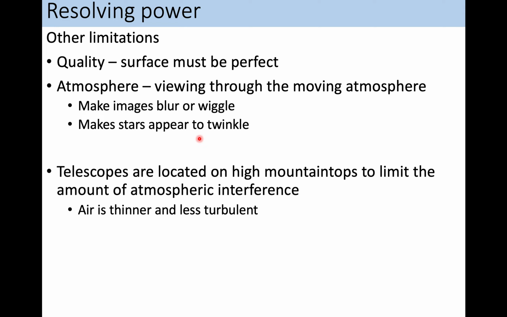You're going to have to look through less atmosphere, so you'll see less of that turbulence. So just trying to limit the amount of atmospheric noise or atmospheric turbulence you have to view through. So by going up on the top of a mountain, you are minimizing how much of the atmosphere you're going to be looking through.